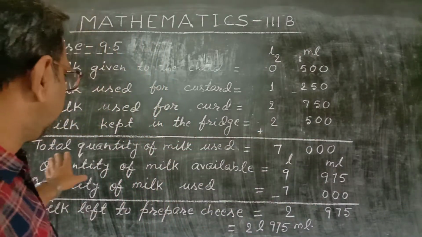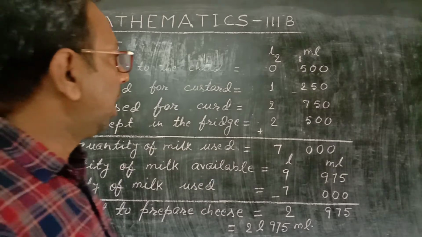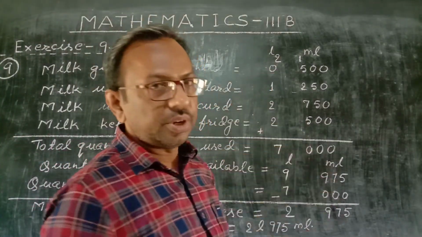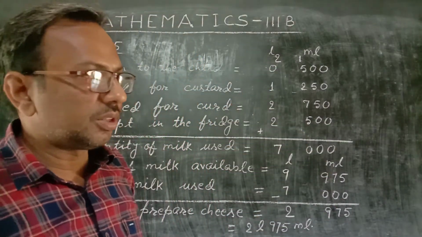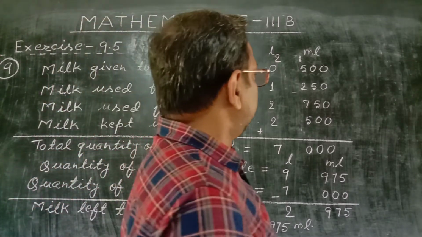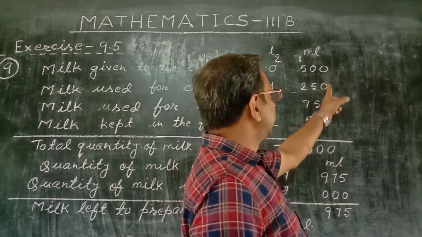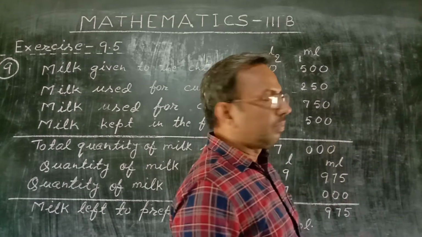So total quantity of milk used equal to, I have added all these. First we will add the column of milliliter because milliliter is the smaller quantity than liter. Addition of ones place, 0 plus 0 plus 0 plus 0, that is 0.